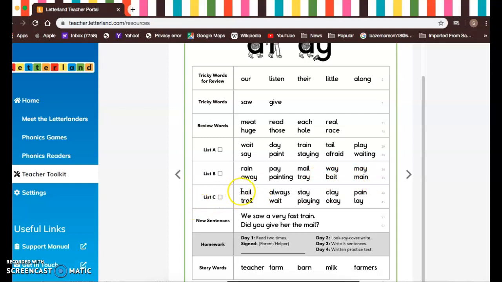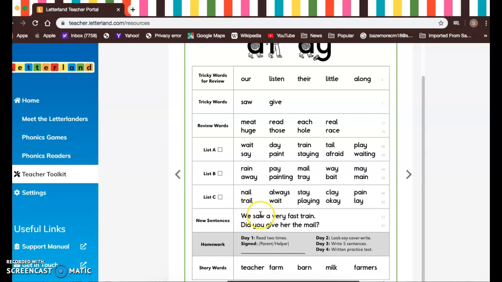Let's see. Nail, always, stay, clay, pain. Trail, wait, playing, okay, lay.